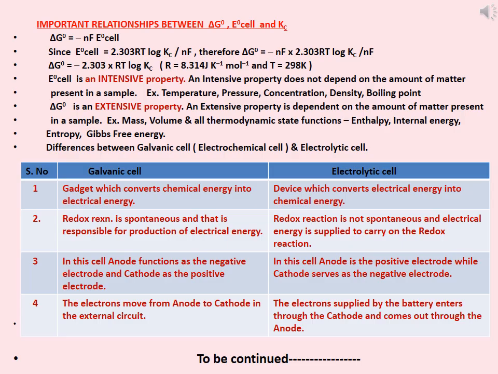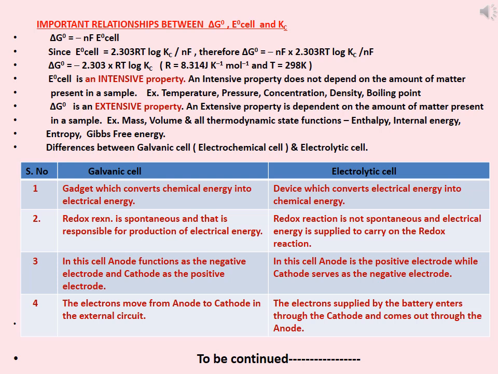By passing electric current, you bring about a chemical change. Second, the redox reaction is spontaneous in a galvanic cell, and that is responsible for the production of electrical energy. In an electrolytic cell, the redox reaction is not spontaneous, and electrical energy is supplied to carry out the redox reaction.